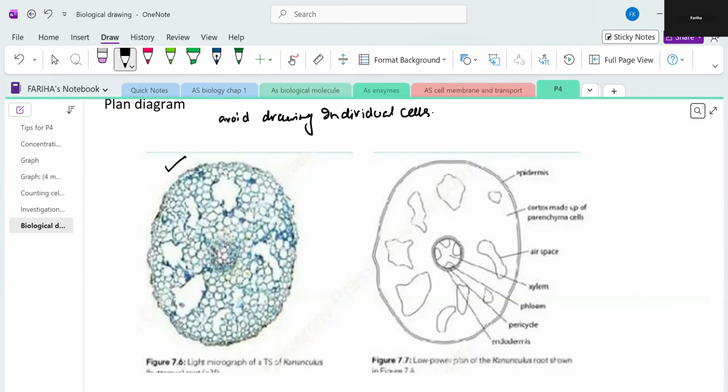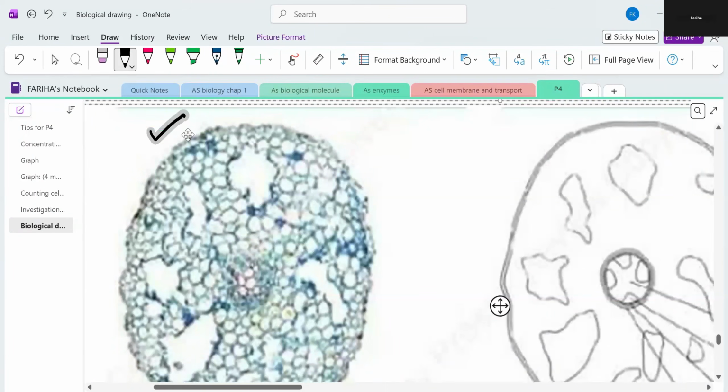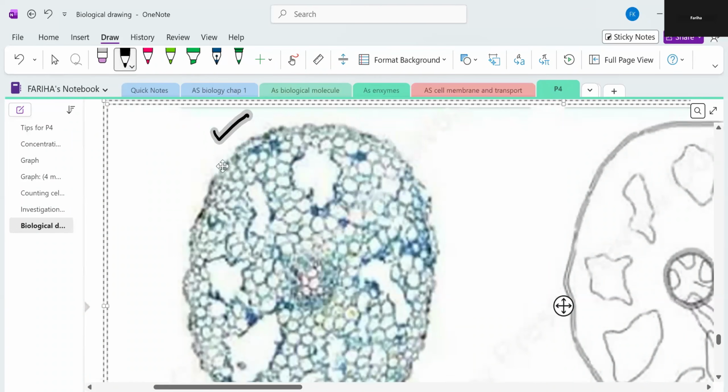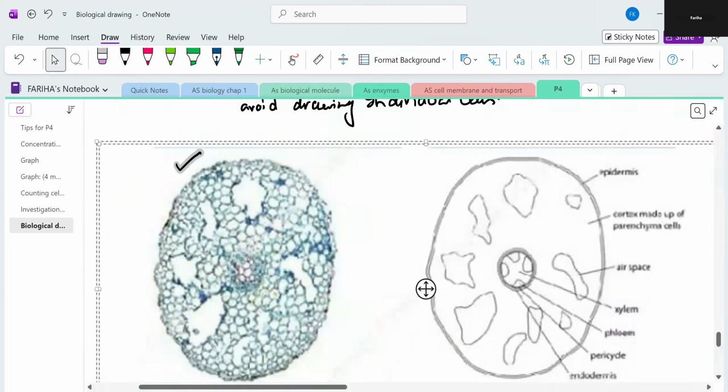So how are you going to draw it? You need to show, as this is an epidermis, this outer layer is an epidermis.